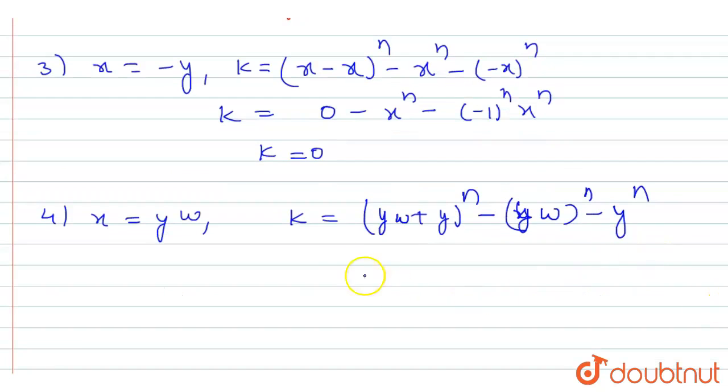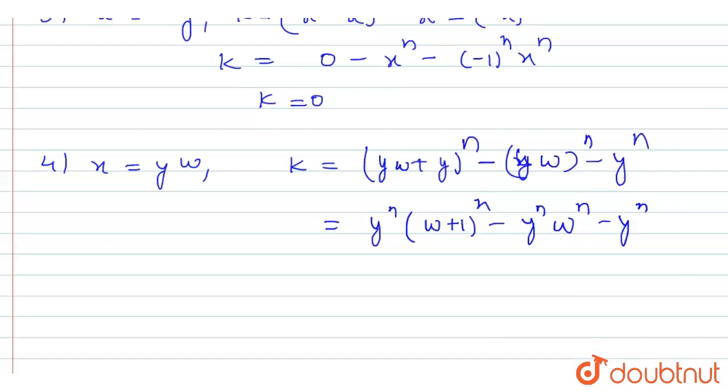Now we can take y common: y to the power n, (omega plus 1) to the power n, minus y to the power n omega to the power n, minus y to the power n. Now we can take y to the power n common: (omega plus 1) to the power n, minus omega to the power n, minus 1.